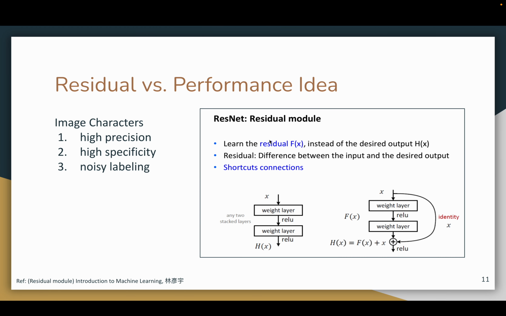Third, we talk about how residual networks affect performance. We found that our images have three characteristics. That is, the images have high precision, specificity, and noisy labeling. Since the images have these properties, it is important how we choose our residual network.